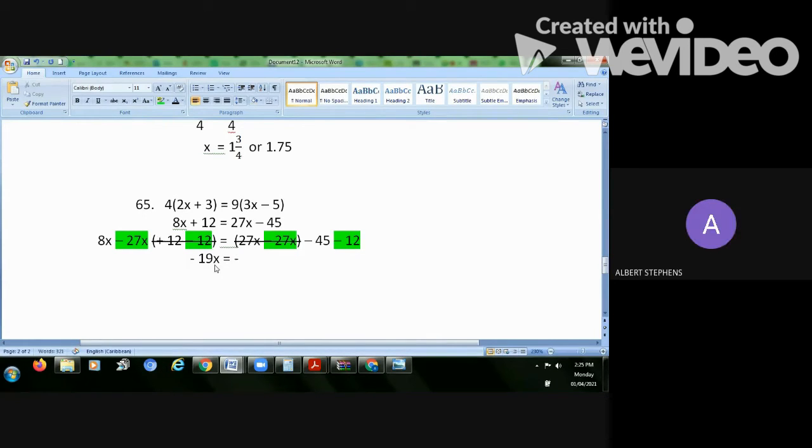Well, it's going to be negative 57, because you owe Mr. Brown. You see that? And you can divide everything by negative 19.